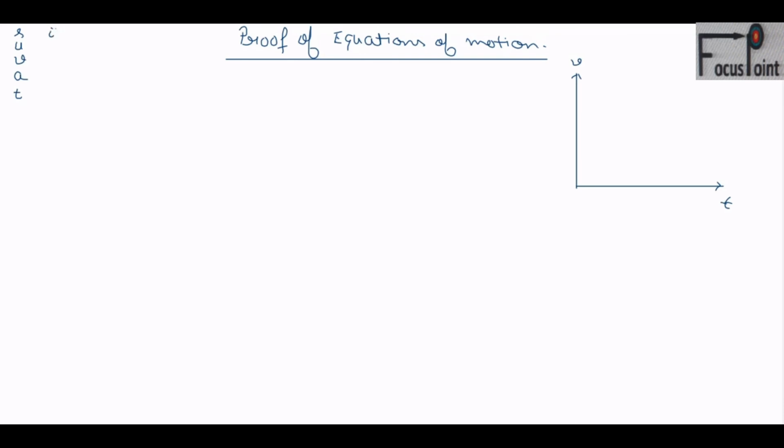Because the first equation is v is equal to, yes, anyone know the equations of motion? v equals u plus at. Very good. Second, v square equals u square plus 2as. Very good. Third equation is s equals ut plus half at square.